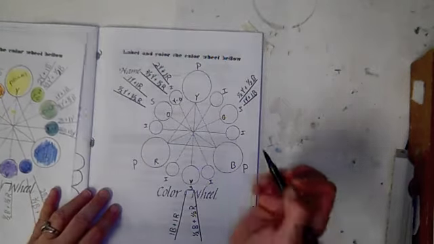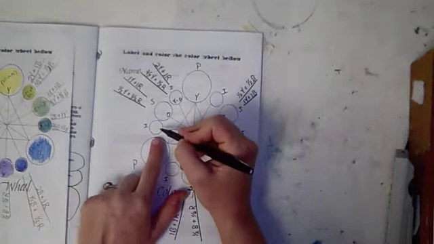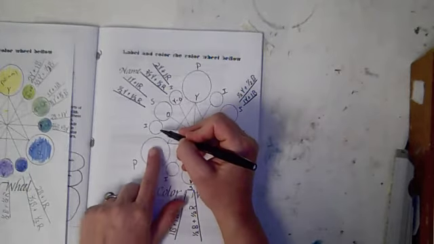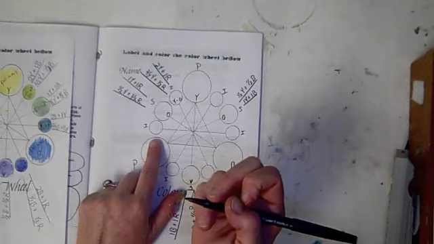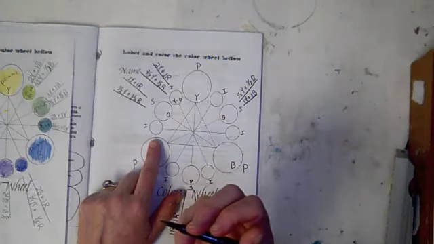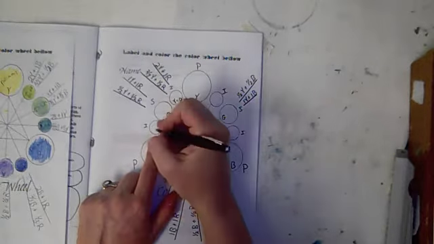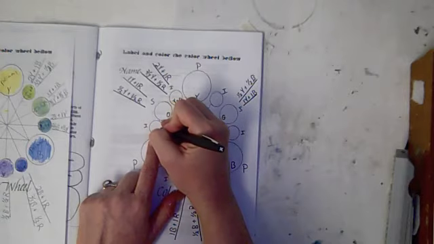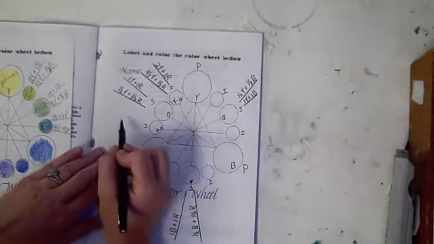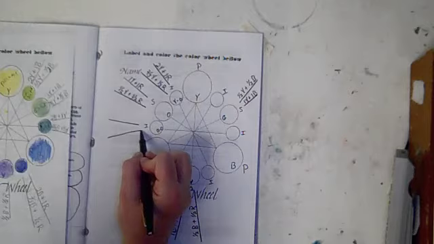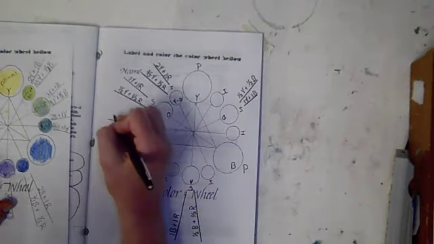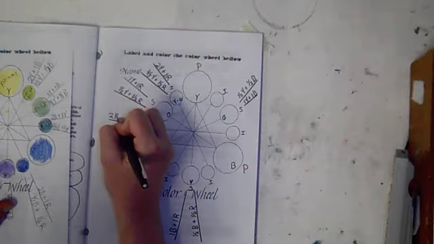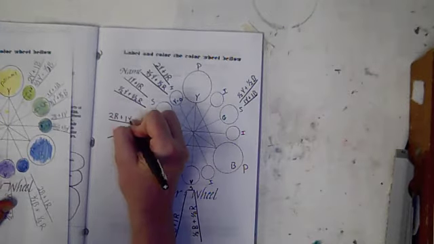Okay, our next intermediate color, on the left-hand side, in between orange and red, is, on the count of 3, yell it out. 1, 2, 3. Red, orange. That was really yelling. Red, orange. Okay, now I want you to draw 2 lines coming out from the red, orange. 2R plus 1Y.